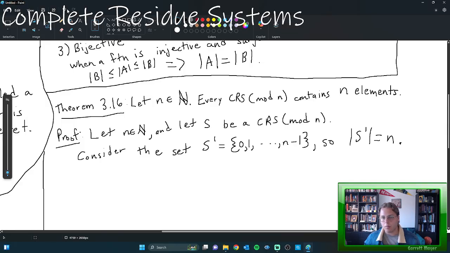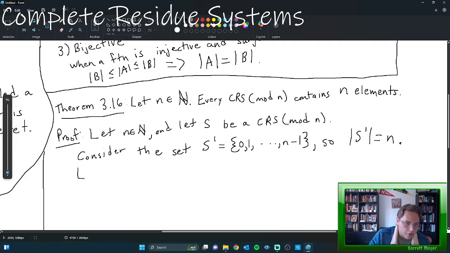Or there's some CRS that would take more than n elements. So that's why we need to prove this: we know the canonical one has n elements, but we need to show that every single one does.